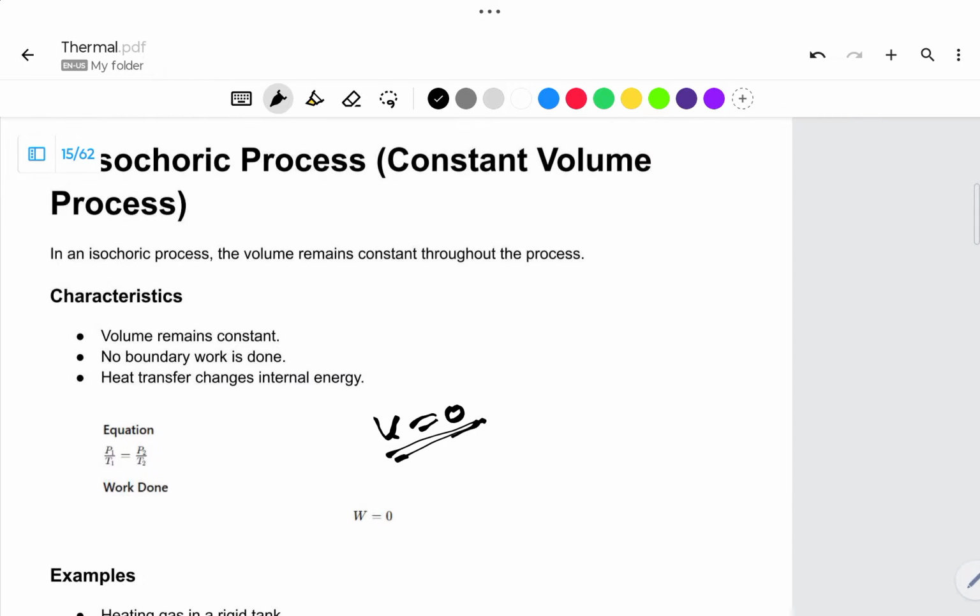These processes we use in day to day life, whether you are using a pressure cooker, IC engines, a truck, or a tractor.